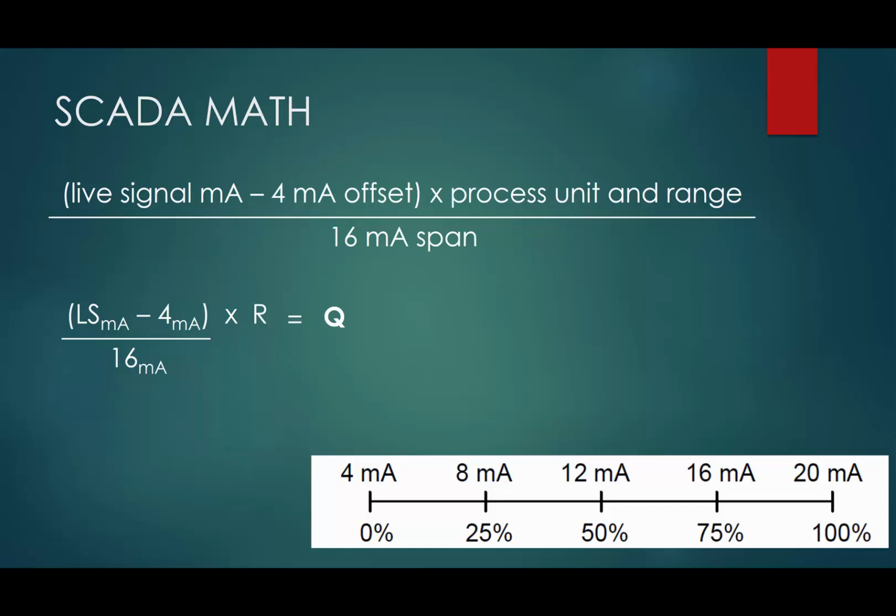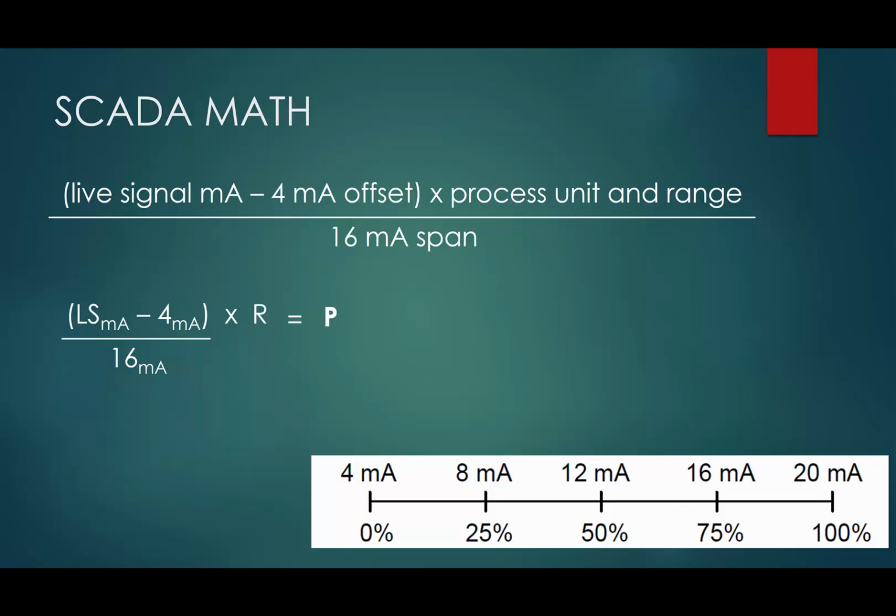We'll look at it in a little more detail, and we're not going to actually use it in terms of percent. It's just a way to visualize it. The formula will stand on its own. So you can measure a flow rate. You can measure a level. You can measure temperature. You can measure chlorine residuals. You can measure pressure. For all of these, the same formula applies.